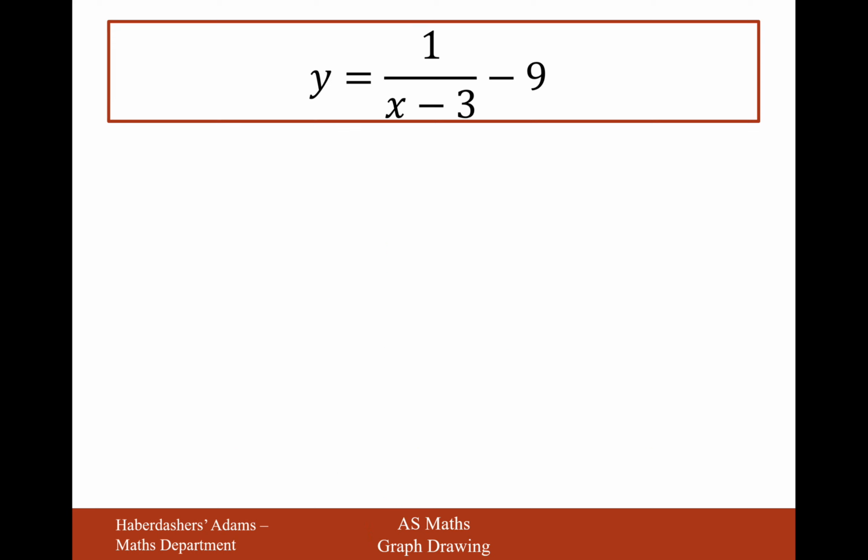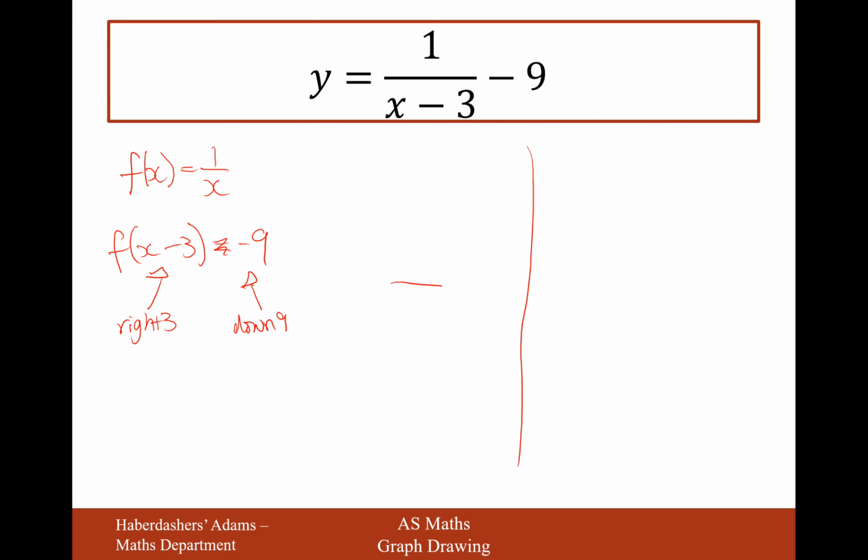Let's move on to the next one. So this one here, roughly the same, is going to be a parent function of 1 over x, and the transformations that are going to happen here are -3 inside the brackets, and -9 outside the brackets. So this means move it right by 3, and this one here moves it down 9.